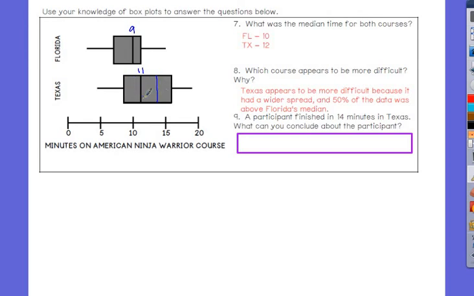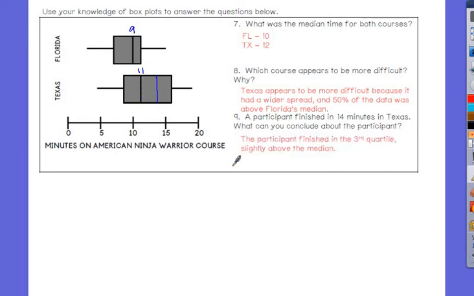No. Is he falling with most of the people? If he's in the box, he's falling with most of the people. But is he exactly with the median? No. He's a little lower or higher than the median? Higher. He's a little higher. The median was 11 or 12. So we can conclude the participant finished in the third quartile, slightly above the median.